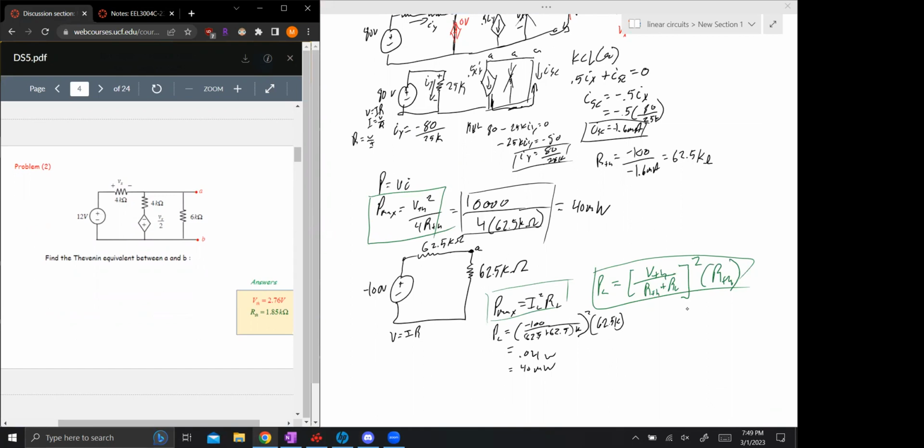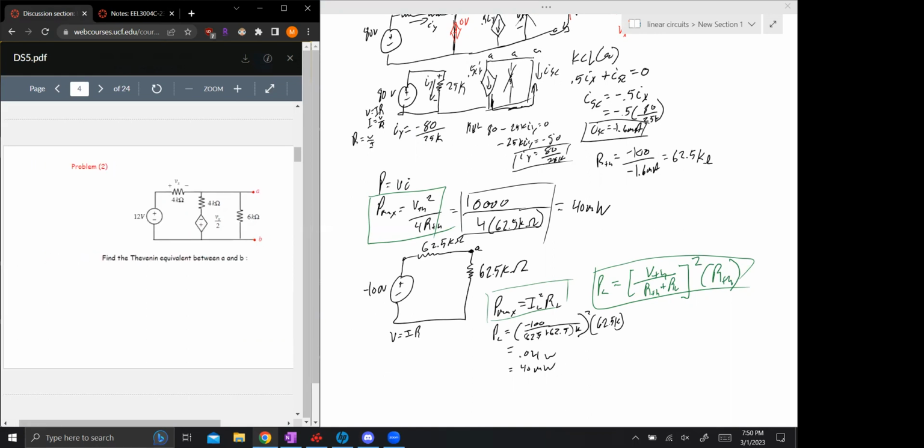Which kind of makes sense, because if R Thevenin and RL are the same, think of it like R squared, and then if you square that, you multiply the exponents together, that becomes 2R, wait, no, that's the wrong way to figure it. You know what, just write down both of the equations. I'm not even going to try to remember the exponent rules. I'll just memorize it.